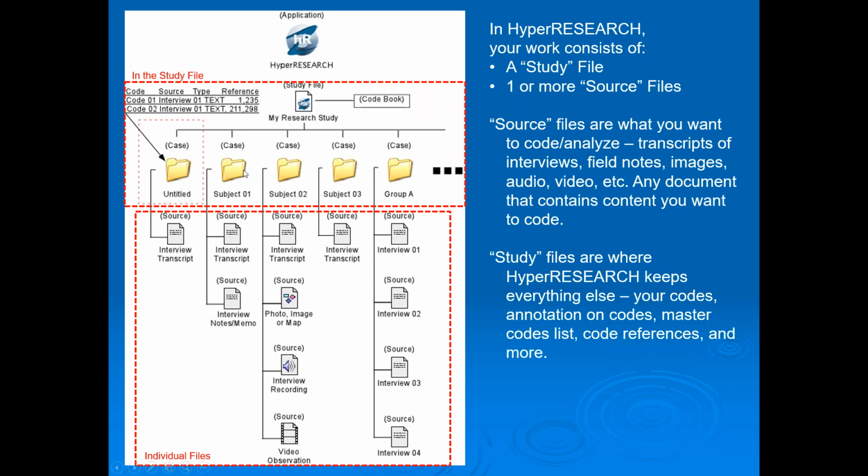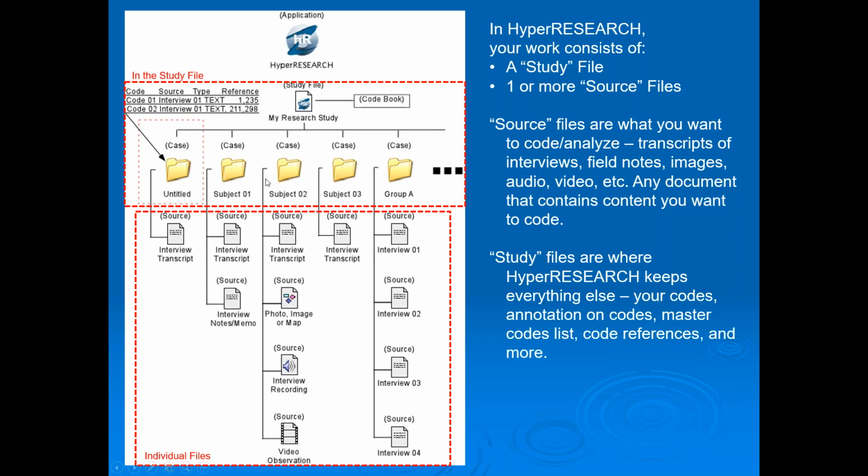So in that case, what you're interested in is having, say, each person be a case, so that you code your interviews with a single individual, all to one case, and then the next individual is coded to another case, and the next individual to another case, so that you can use the filtering and analysis tools in HyperRESEARCH to ask questions like, how many of the subjects in my research study that had addictive behavior also had these particular codes that relate to certain societal influence, like they may have lived in poverty or had an abusive childhood or this, that, or whatever the other codes may be.